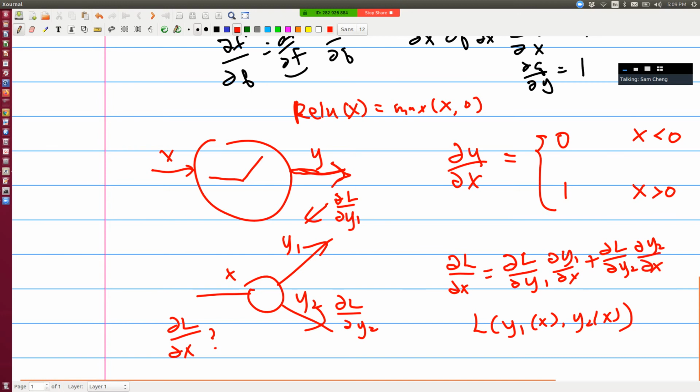So coming back, you multiply the partial derivative of this output with respect to this input, add it to the other output's term, multiplied by its partial derivative with respect to this input, then pass back to here.